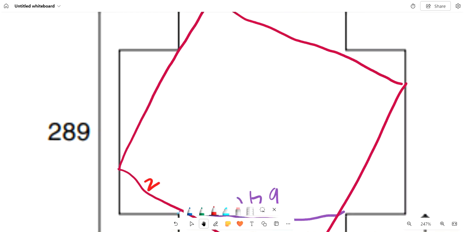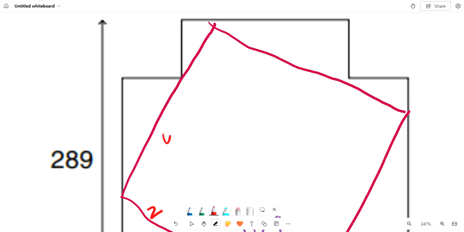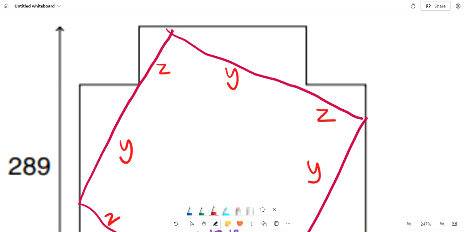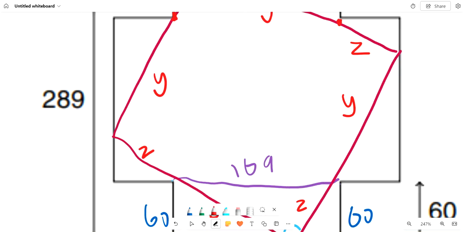So this part will be z, and this part will be y, and z and y, and z and y, and that's z. And note that we're dividing it on these points right here.